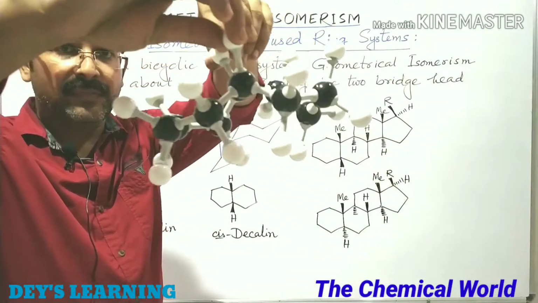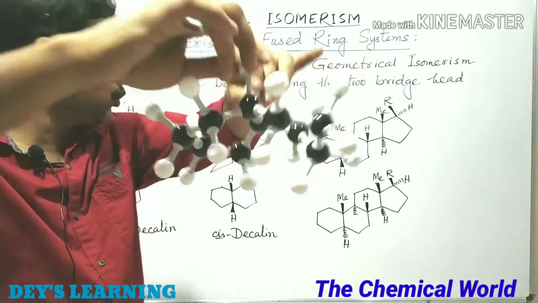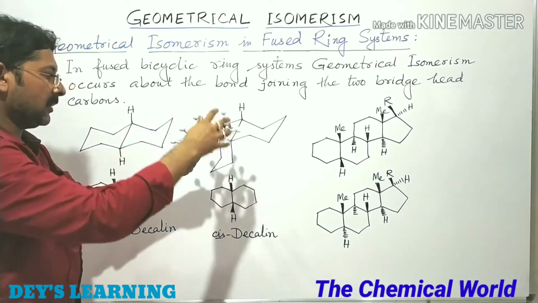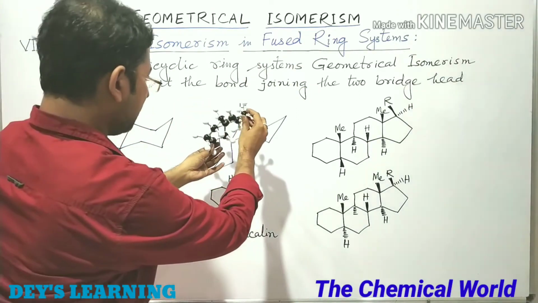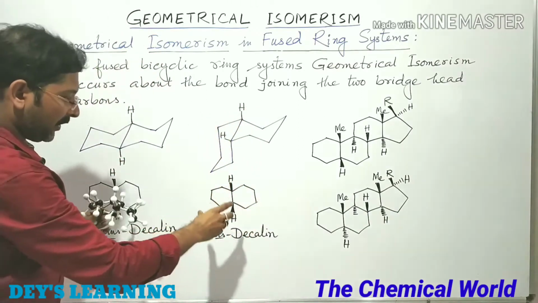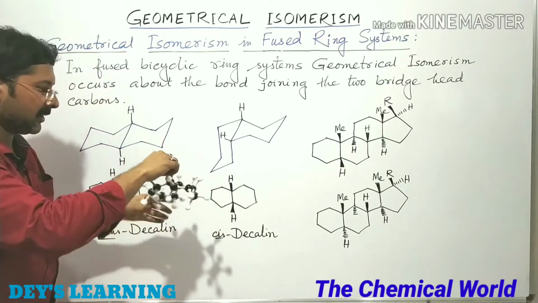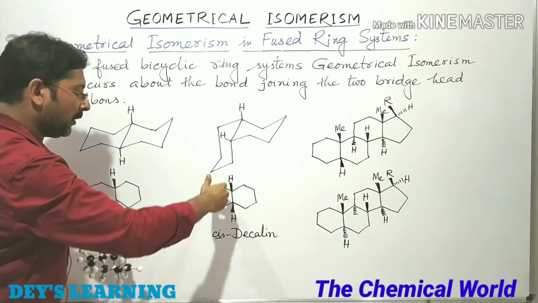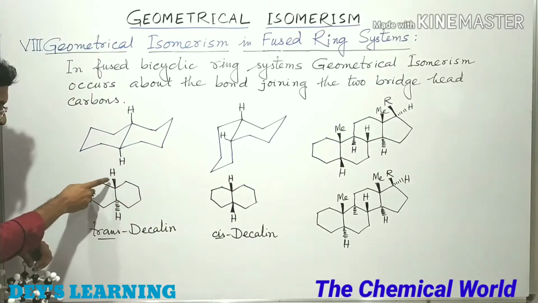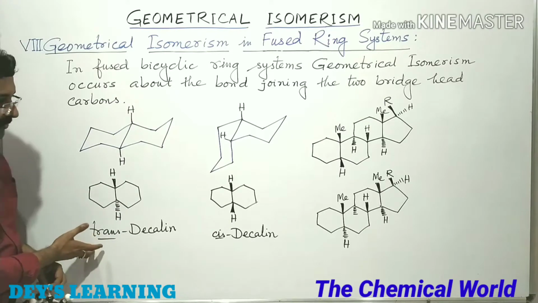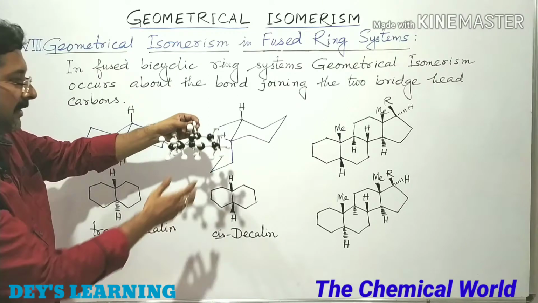In cis-decalin, these two hydrogen are cis, the two hydrogen atoms attached to the bridgehead carbon. It is written in this fashion. So in planar form, in two-dimensional form, these two hydrogens are written above the plane bond, and these two hydrogens are written above the plane and below the plane bond. This is your trans-decalin and this is your cis-decalin.